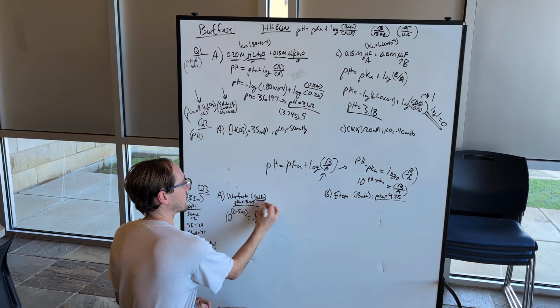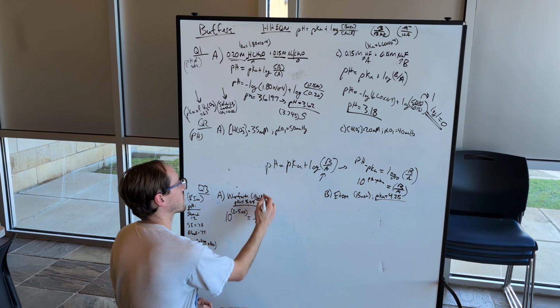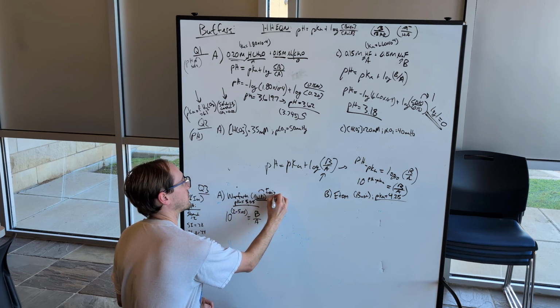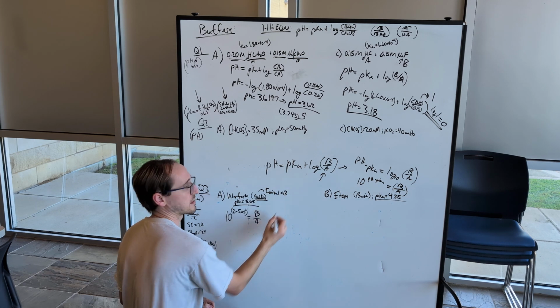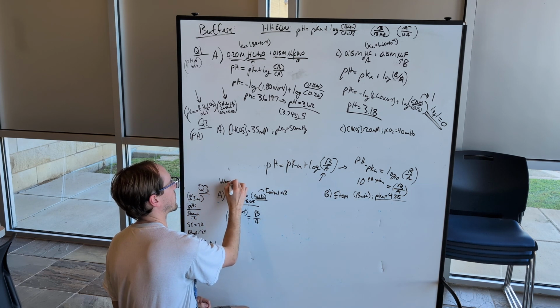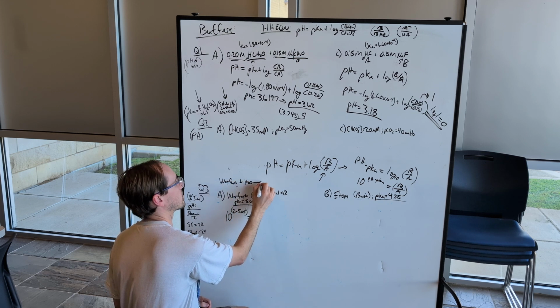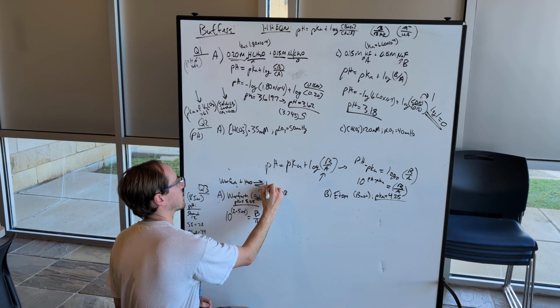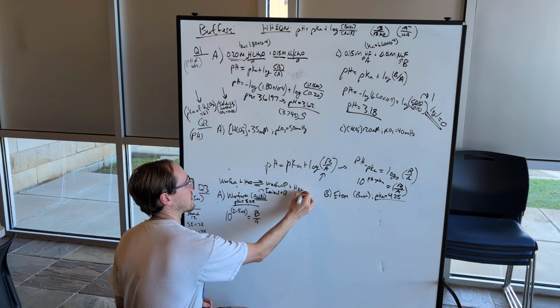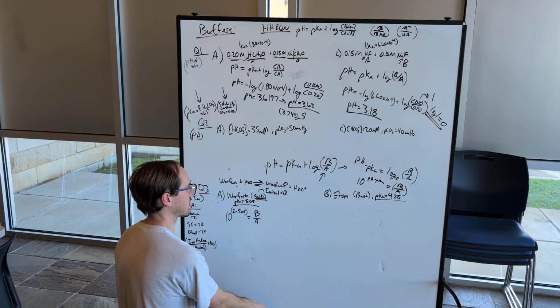If he gives you that the drug is acidic, more likely than not, the ionized form is going to be the base. You can see that by drawing it out if you need to. Warfarin plus H2O gives warfarin minus plus H3O plus, because he said it's acidic.